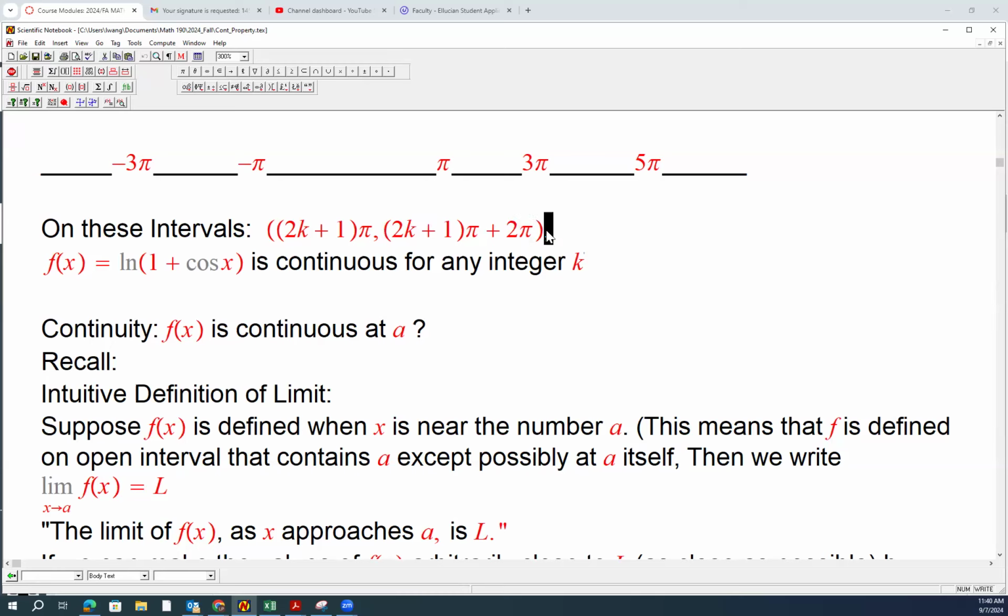If you simplify that, because this is 2k pi, and factoring out the pi, plus the 2, this is going to be 3. There, so that's what the interval looks like.